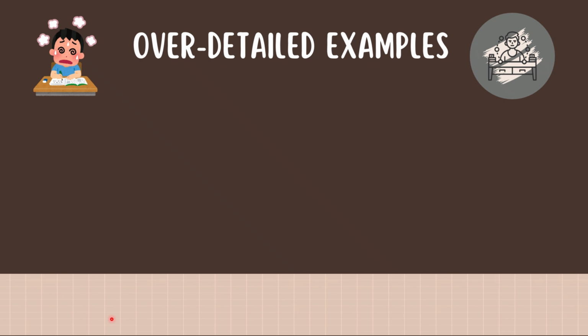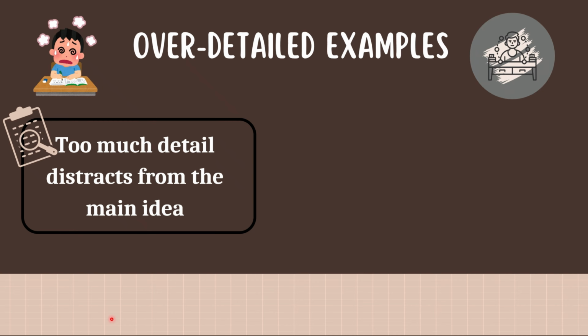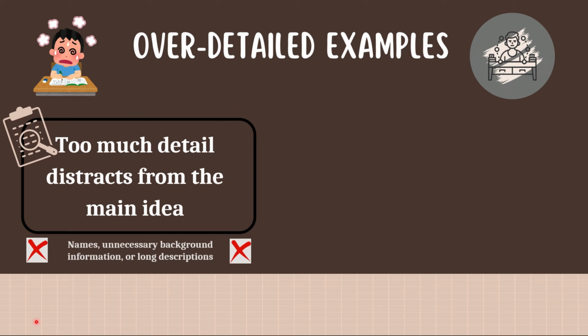The third problem is using over-detailed examples. Some students believe that adding more details makes their writing stronger. However, too much detail can actually distract from the main idea of the paragraph. Names, unnecessary background information, or long descriptions take up space without improving explanation.